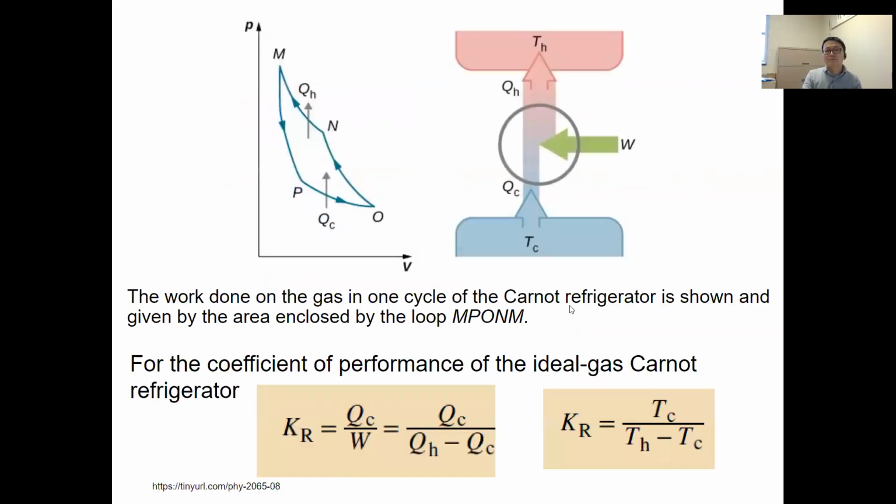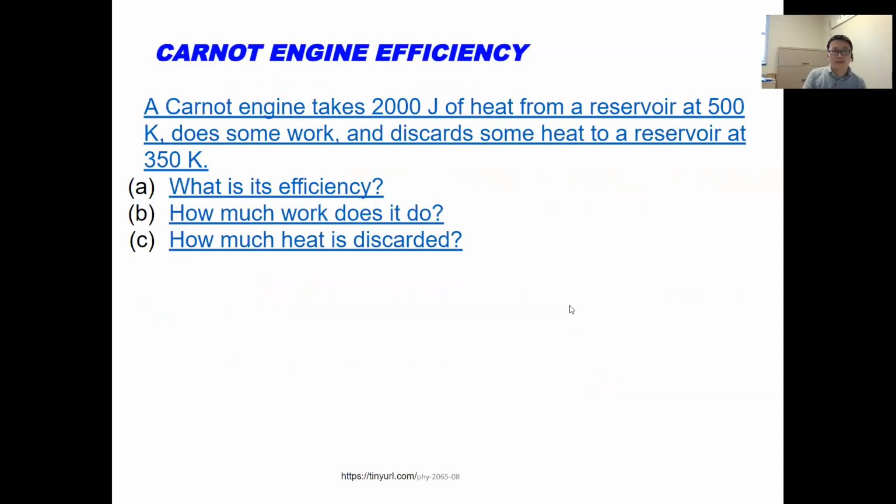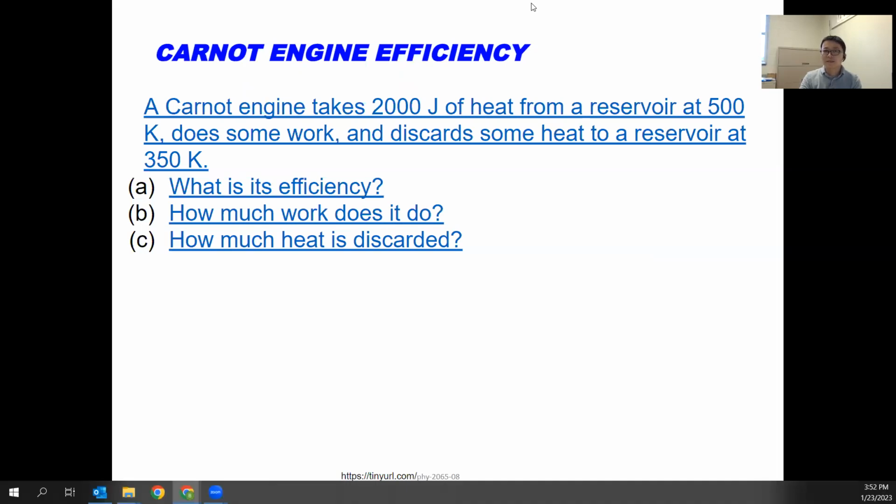Let's take a look at the example here. It says a Carnot engine takes 2000 joules of heat from a reservoir at 500 Kelvin, does some work, and discards some heat to the reservoir at 350 Kelvin. What's the efficiency? How much work and how much heat is being discarded? Let's take a look.